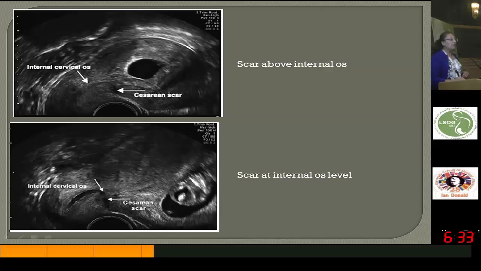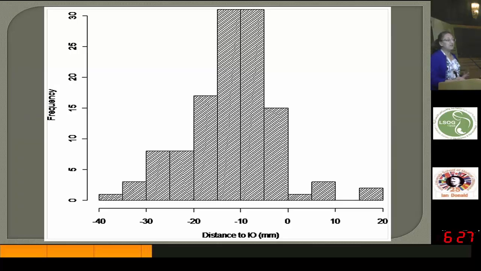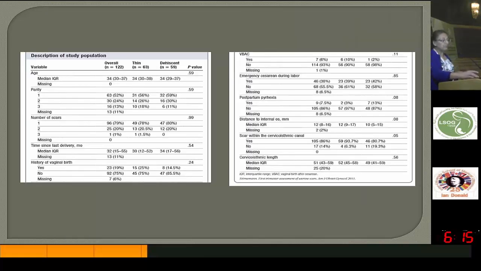The location of the niche in relation to the internal os. Most of the features are actually present within the cervical portion, irrespective of whether the patient has labor, whether it's multiple C-sections or one C-section.